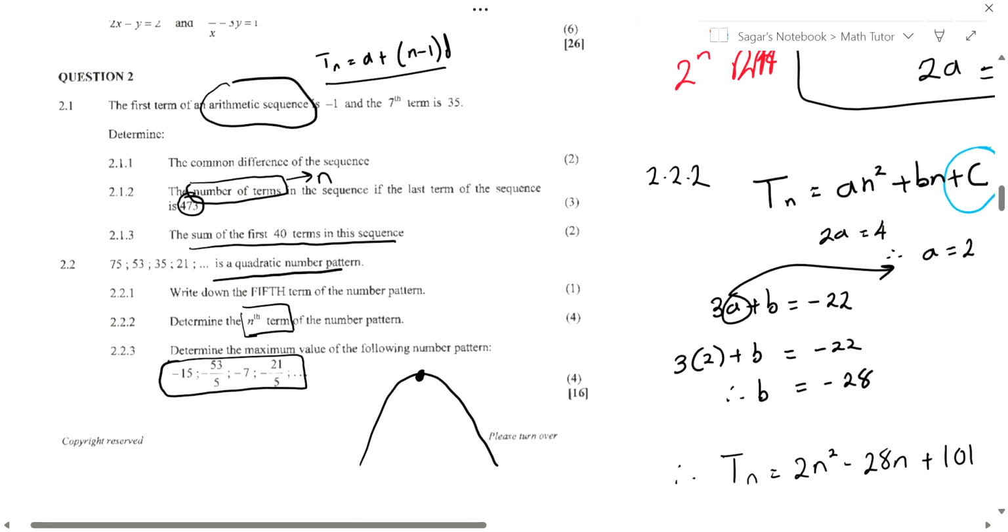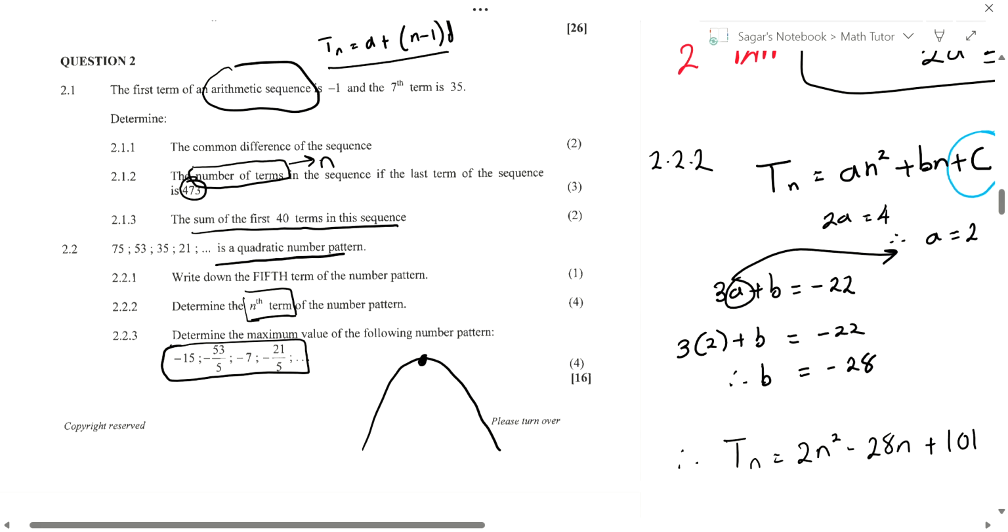Here we need to find a sequence or a pattern, alright? Firstly, I see 53 is common, 21 is common, so I think they are dividing by 5.